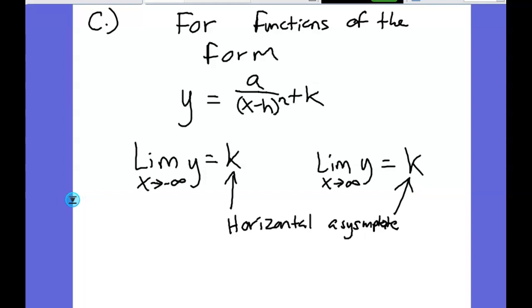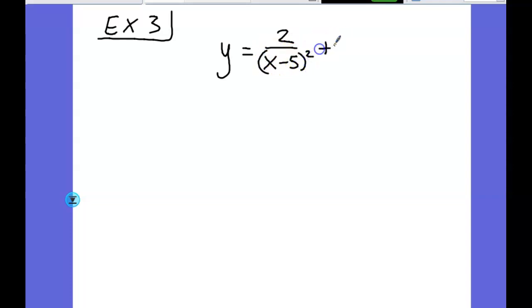So let me give you an example, see what this question might look like. So suppose I gave you guys this. Suppose I said that y is equal to 2 over x minus 5 squared plus 3. Okay?